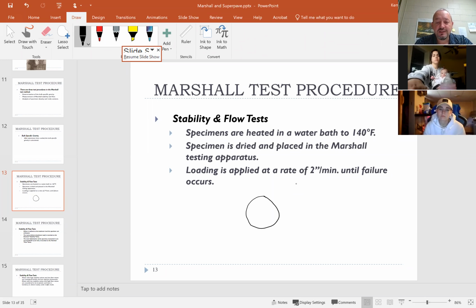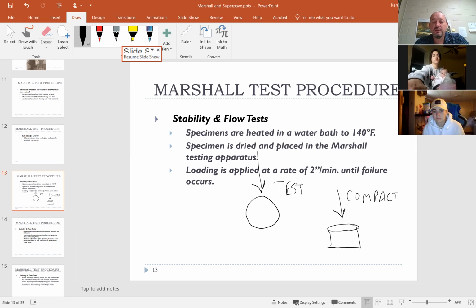Okay, good. So we compact the specimens and we make the specimens like this. That's how they are compacted. But we test them like this. So it's a little bit odd that that's how that's done.